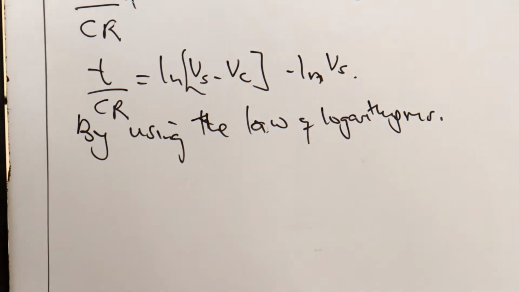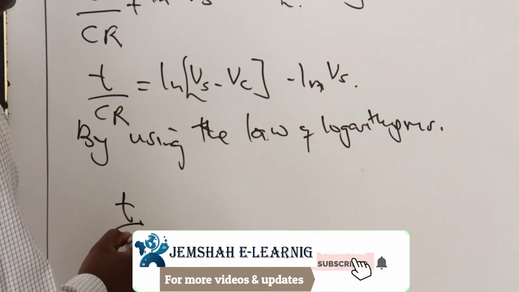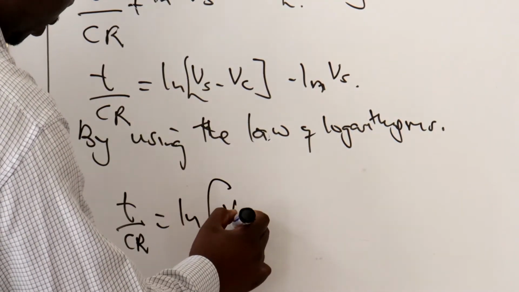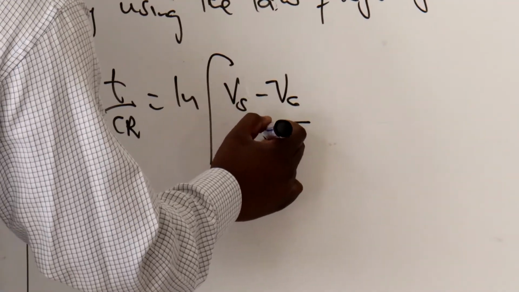So by using the law of logarithms, we shall have t over CR is supposed to be ln of Vs minus Vc over Vs.